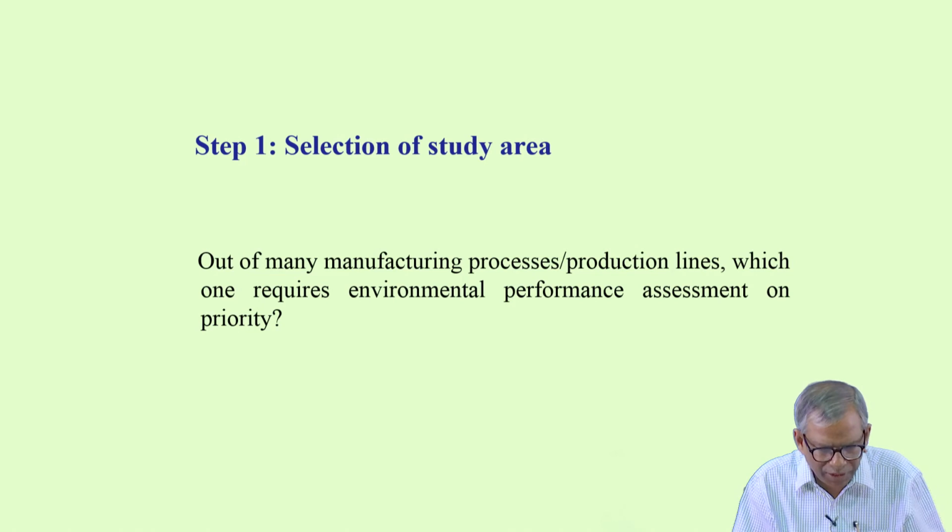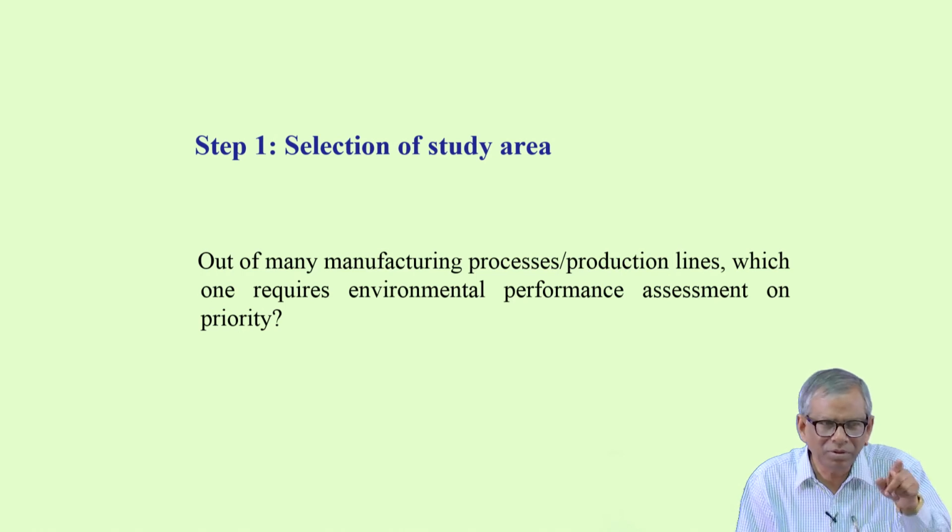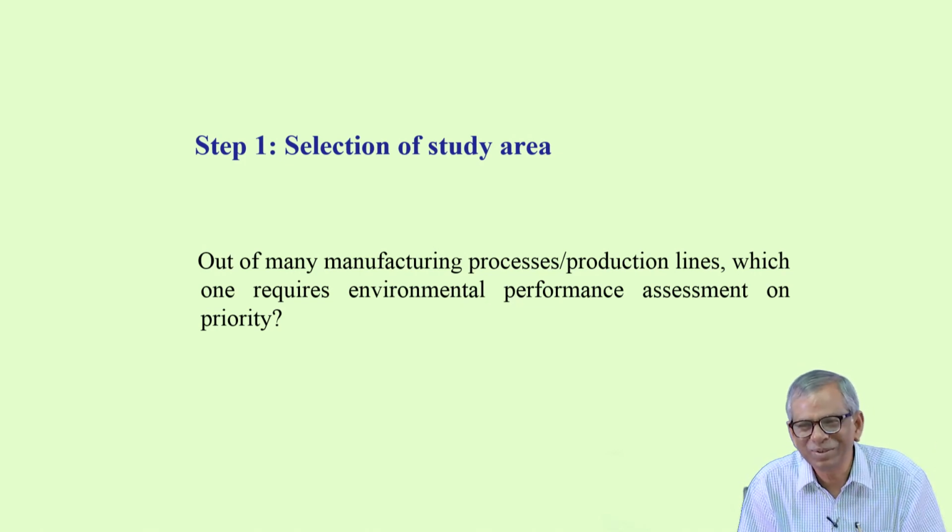So let us talk about the first step, that is selection of the study area. Out of many manufacturing processes and production lines, which one requires environmental performance assessment on a priority? This is the point I have already highlighted. So this is a question. Can each one of you write down, whatever comes to your mind, 5 factors for selection of the study area?